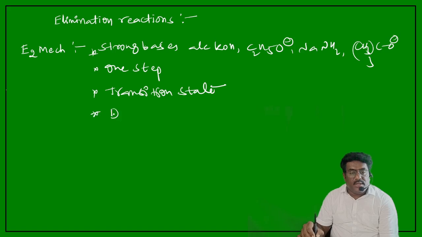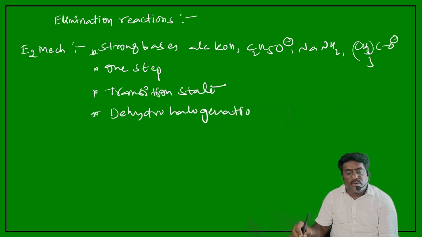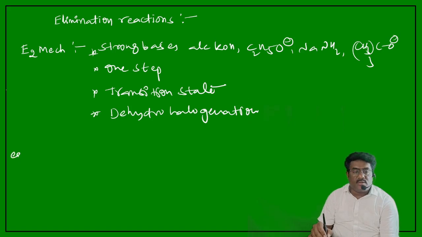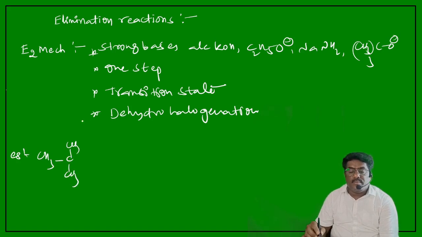I am taking an example. For example, tertiary butyl bromide, (CH3)3CBr, in presence of OH minus or alcoholic KOH.